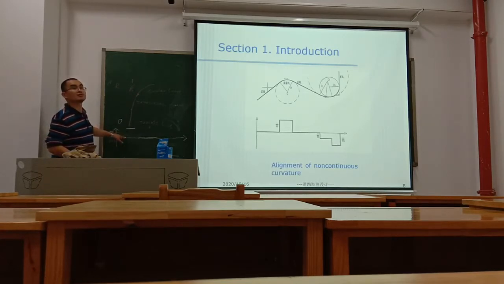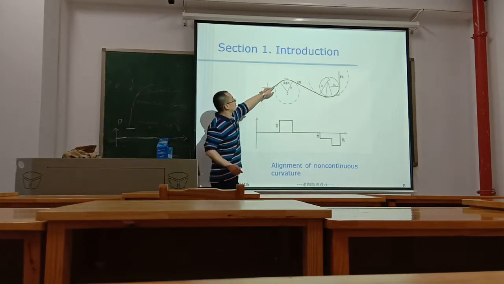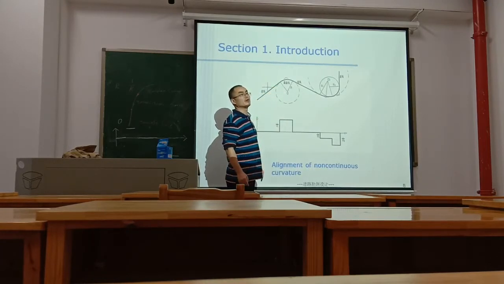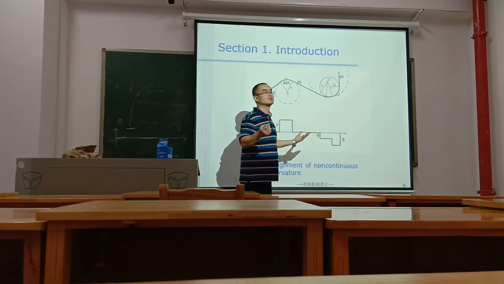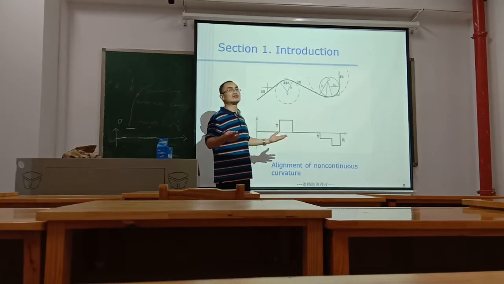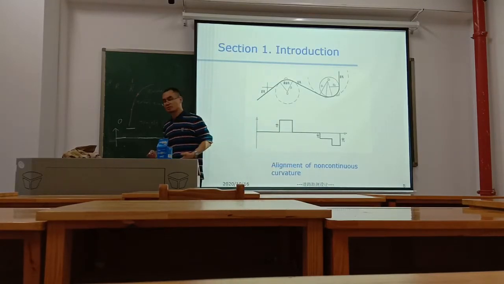There is a sudden, sharp change. There are two curvatures at this point, the tangent point. It's not continuous. So, understand?